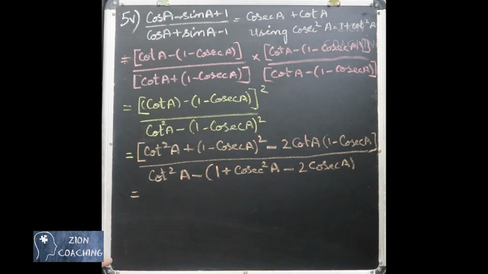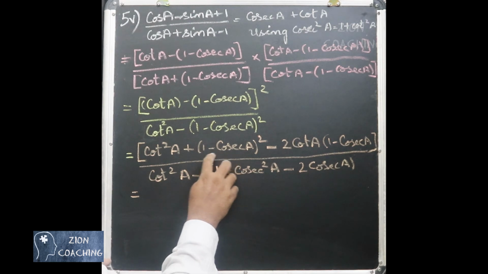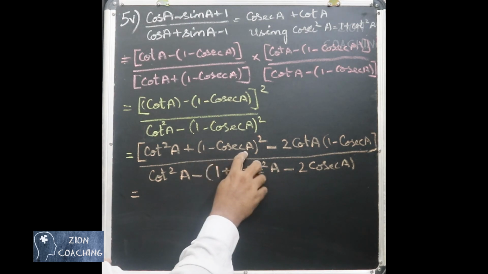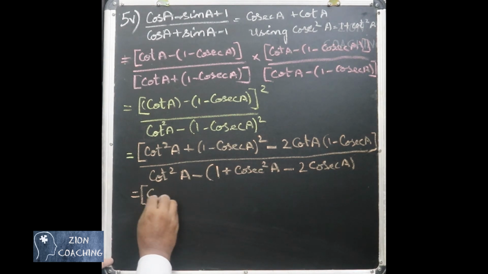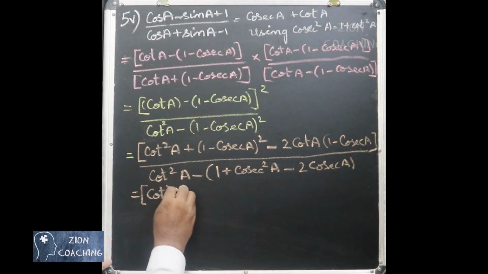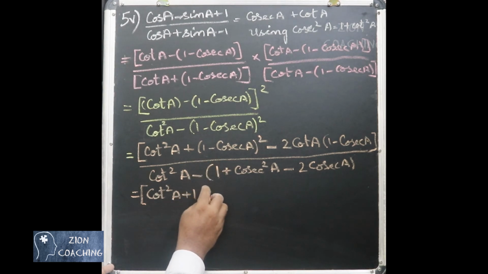Now in the numerator, again we are going to expand this. We have 1 minus cosecant A the whole square. So that can be written as, first write this cot squared A plus A squared is 1 squared, that is 1.